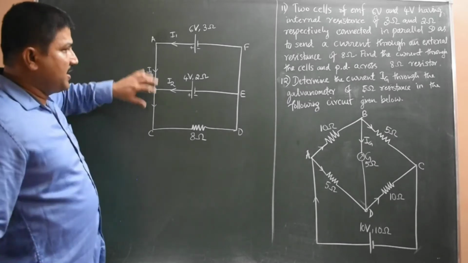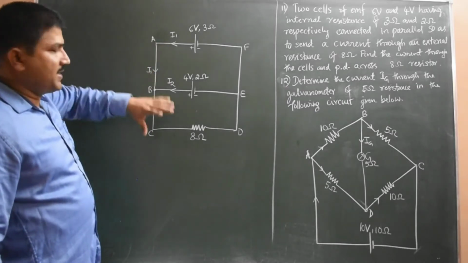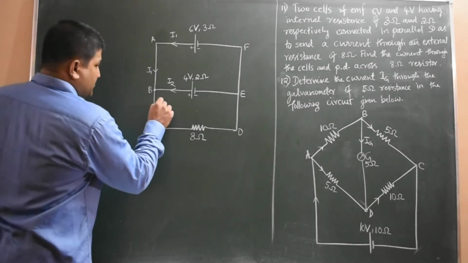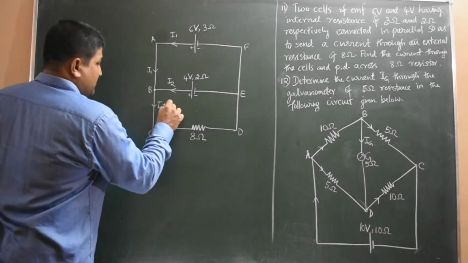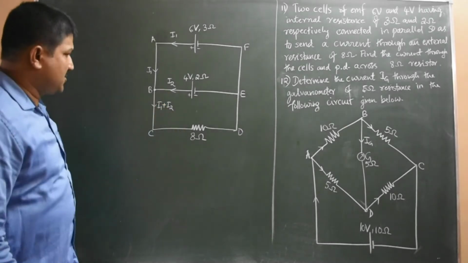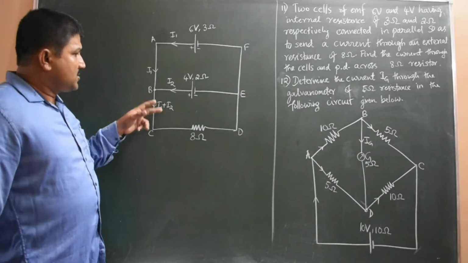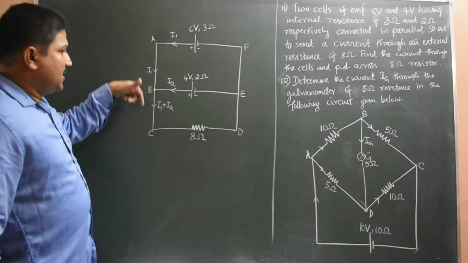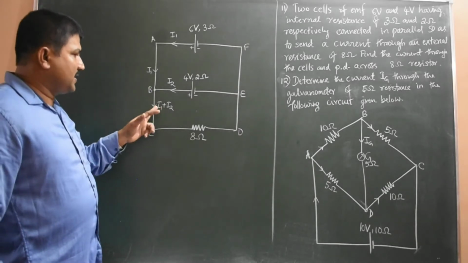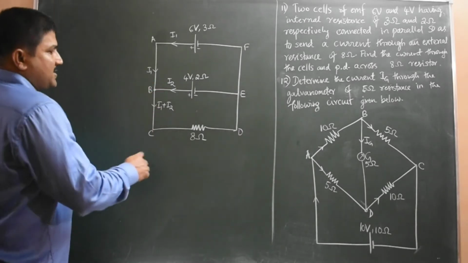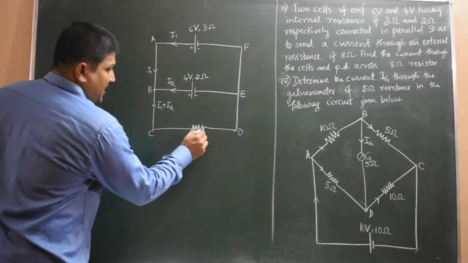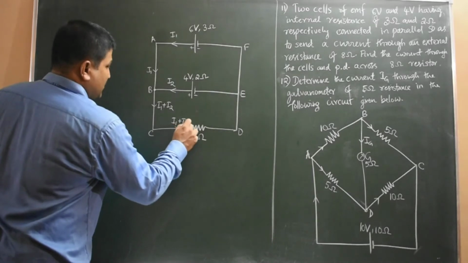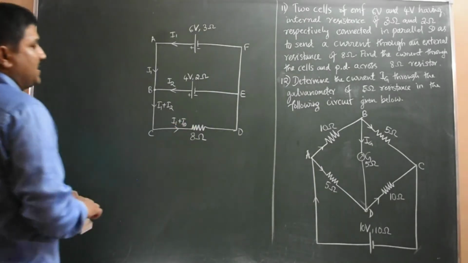If I write I3, I have to solve three variables, I1, I2, I3. So the sum of currents entering junction B equals the current leaving, which is I1 plus I2. So the current through the 8 ohm resistor is I1 plus I2.